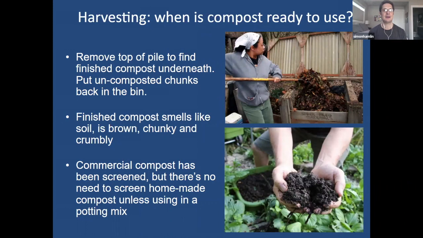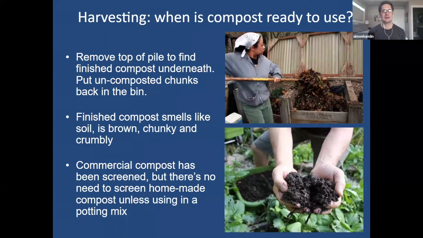All right, so harvesting, when is compost ready to use? The key is you get this beautiful smelling, you can call it black gold. It's crumbly, it smells really earthy, almost sweet. And that's really the true litmus test. And you can see those two different pictures. The one on top, everything hasn't decomposed yet.